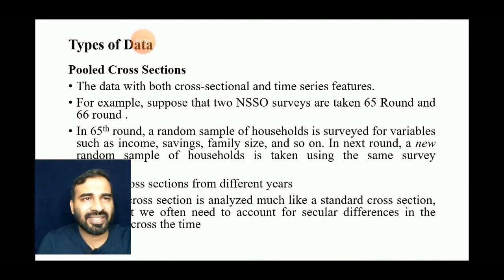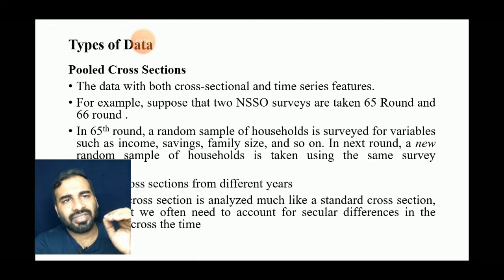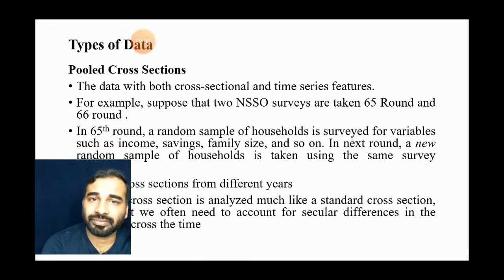There are two surveys, the 65th round survey and the 66th round survey. What is the NSSO doing in these surveys? They take certain samples and survey them for variables such as income, saving, family size and so on.